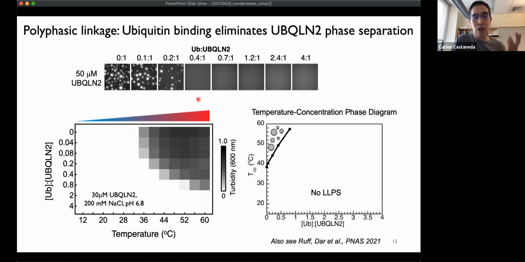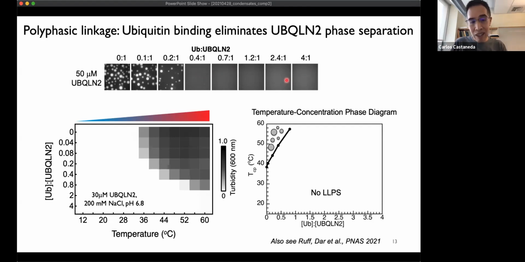In our case here, ubiquitin is essentially acting as a modulator of the ubiquilin 2 phase behavior. As we titrate in ubiquitin, so these are different stoichiometric ratios of ubiquitin to ubiquilin, you'll see that the ubiquilin 2 droplets start to disappear. There are less of them, and by the time you reach these concentrations, you no longer see any droplet behavior.